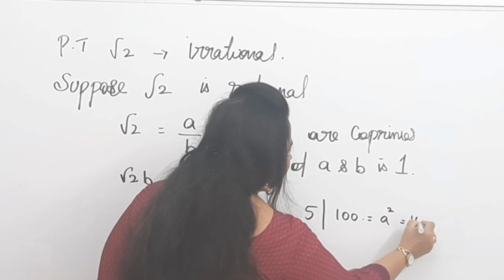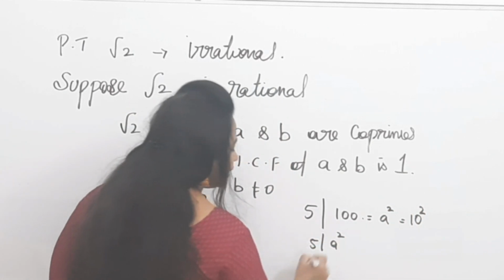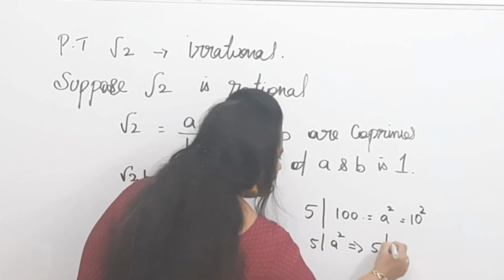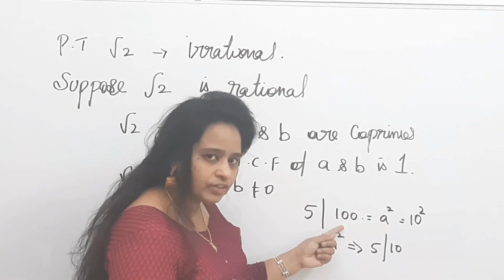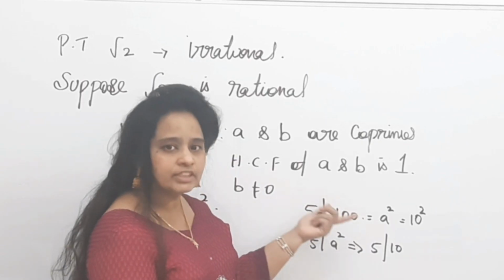What is a? It is 10 square. So, 5 divides a square, and that implies 5 divides a also. Of course, 5 divides 10. If 5 divides 100, that is a square, surely 5 divides a, which is 10.